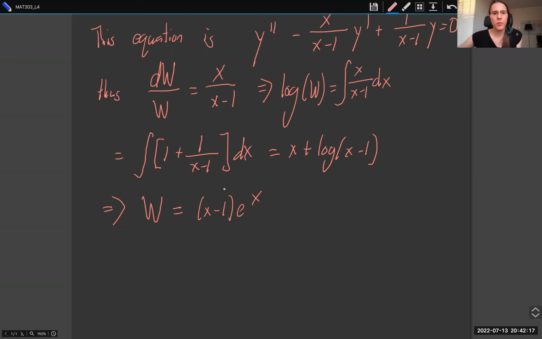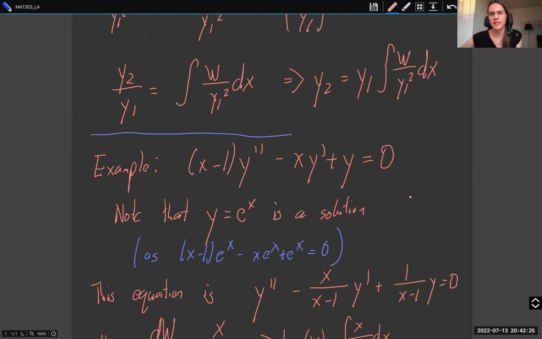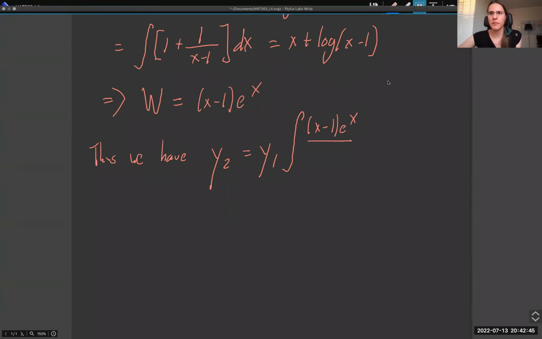Okay, so now let's remember what the process was. From before, we saw that y2 was y1 times the integral of the Wronskian divided by y1 squared dx. Thus, we have y2 is equal to y1 times the integral of the Wronskian divided by y1 squared. y1 was e to the x, so e to the 2x.